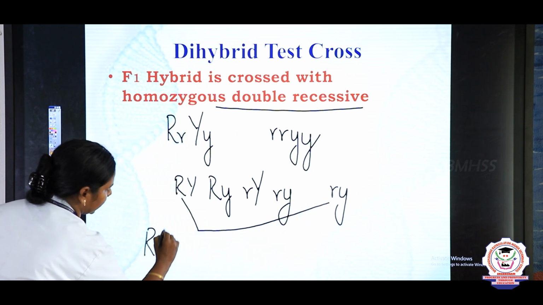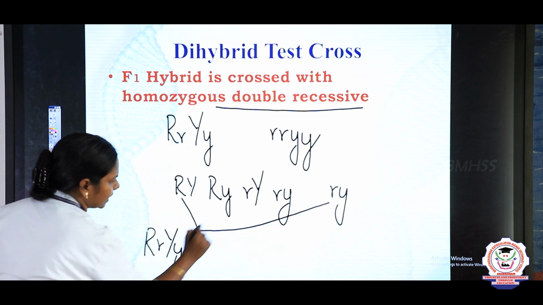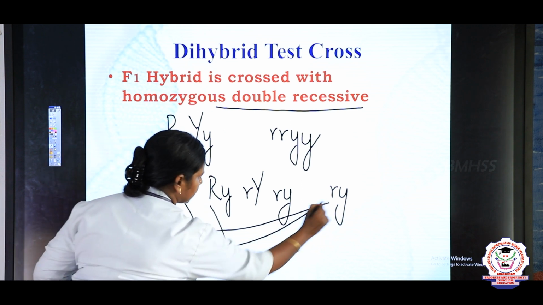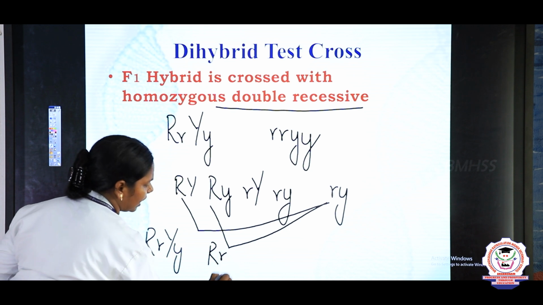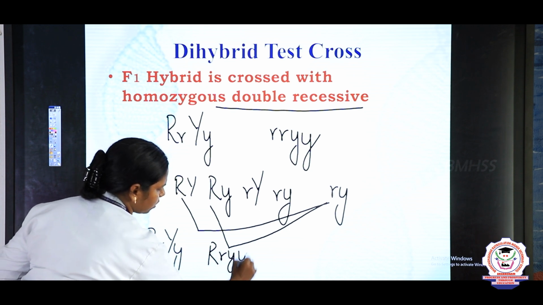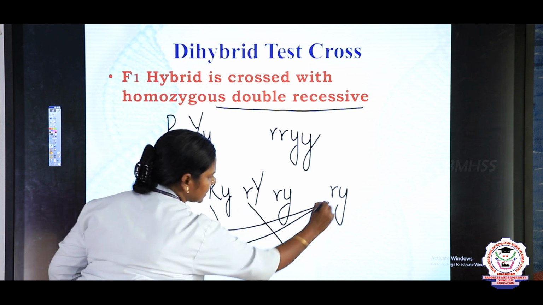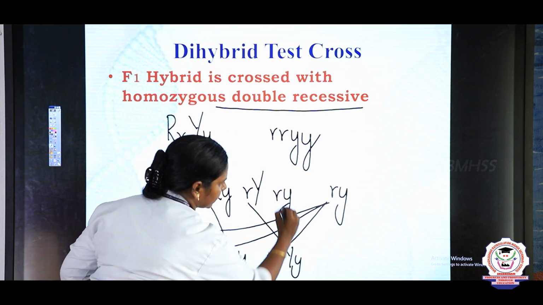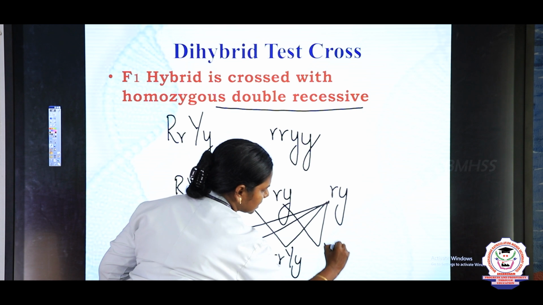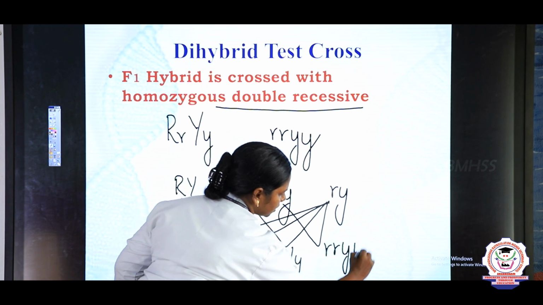Capital R, small r, capital Y, small y. Again with this, you will get capital R, small r, small y, small y. And again this with this, you will get small r, small r, capital Y, small y. And small r, small r, small y, small y.